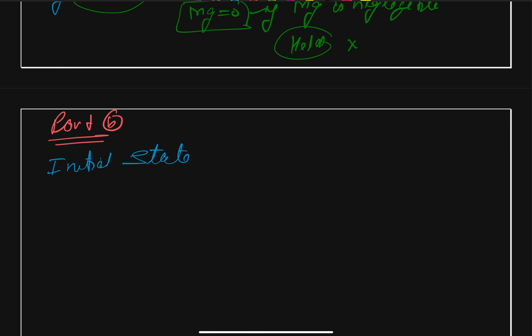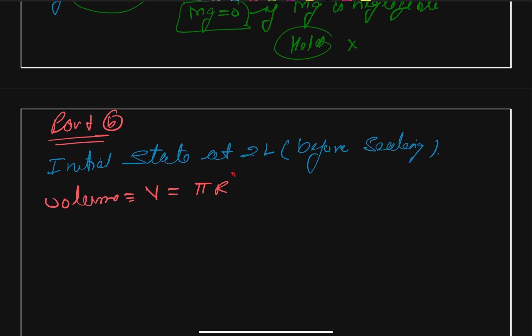This initial state basically means at a distance of 2L, or we can also call it before sealing. And we can write that the volume V will be equal to pi r square multiplied by 2L.